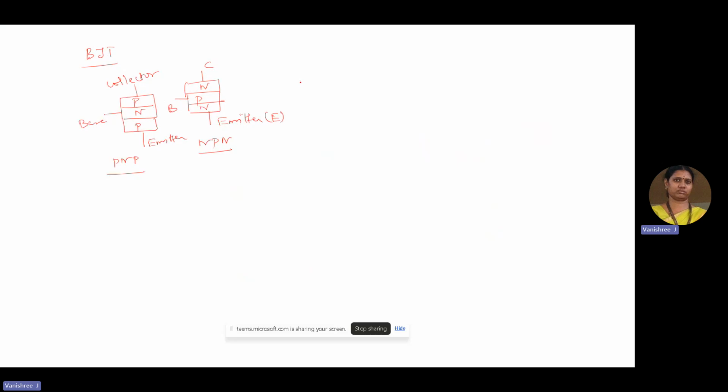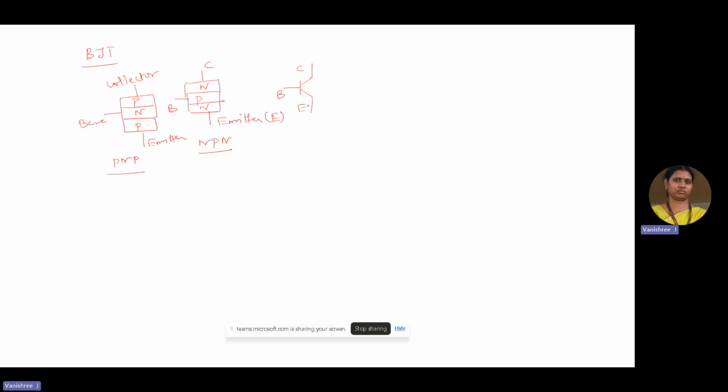Coming to its symbol, the base combines the emitter with the collector. Generally the base is narrow, the emitter is wider, and the collector is much wider than the emitter.